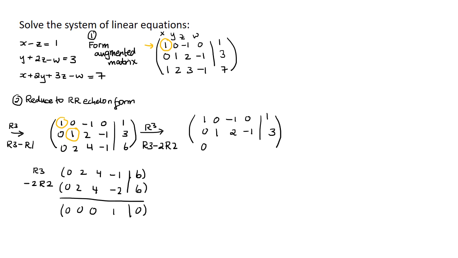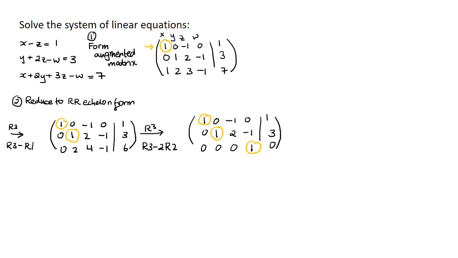So my final row now is 0, 0, 0, 1, 0. So now, if I look at my leading entries, they're all equal to 1, and they're moving to the right with all zeros below them. So we're ready for the upward stages now.